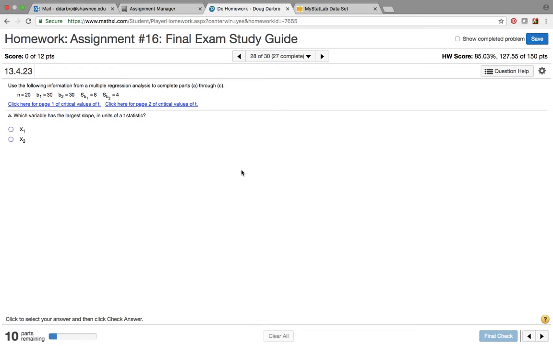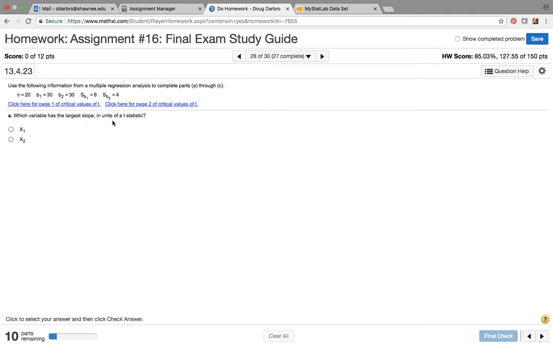All right, number 28. Use the following information from a multiple regression analysis to complete parts A through C. So we have our sample size, we have our beta 1, our beta 2, our standard error for beta 1, our standard error for beta 2. So which variable has the largest slope? Well, it's 30 in units of the test statistic.